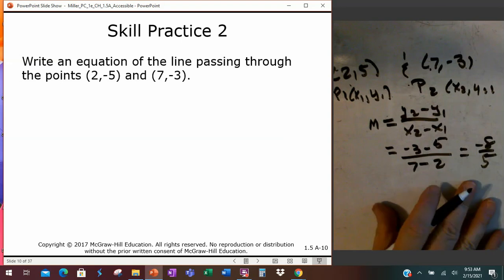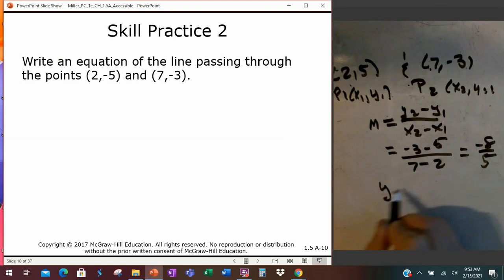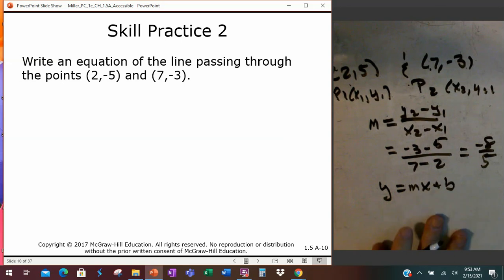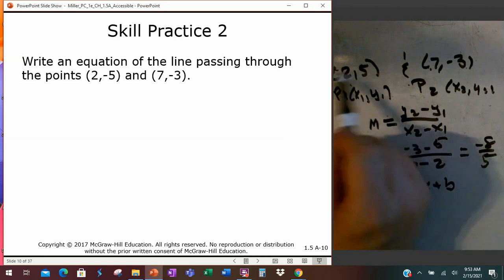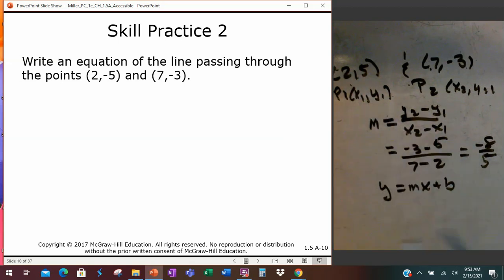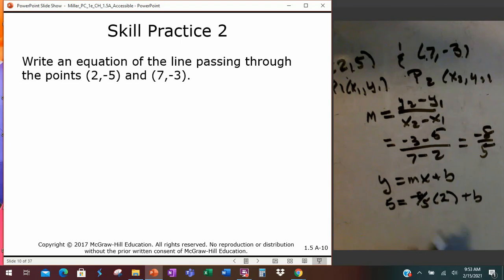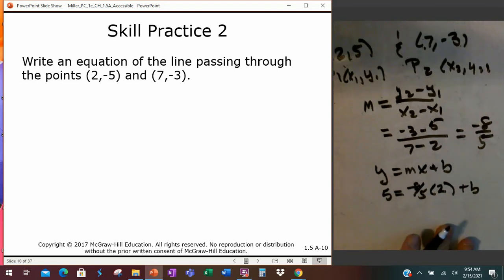And then if this was just me, I would go directly to the slope intercept. Then all I need to do is pick any point, whichever is easiest to use. Let's go with this one. So my y is 5, my slope is -8/5, 2 is my x plus b, and then I just simplify out.